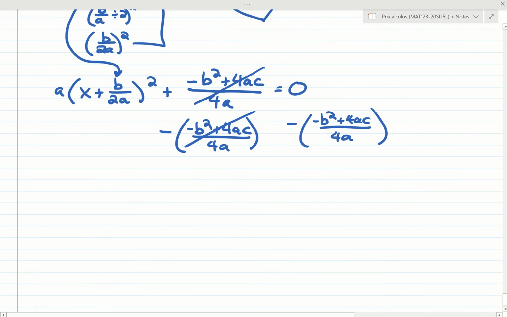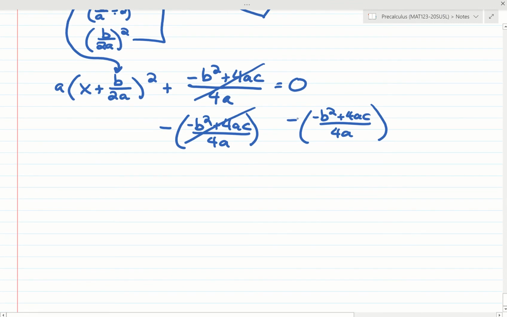It's going to get it on the right side. And when we subtract, that's the same thing as multiplying by negative 1 over 1. So this is what we wind up with. A times x plus b over 2a squared is equal to b squared minus 4ac all over 4a. Now it's starting to take shape.